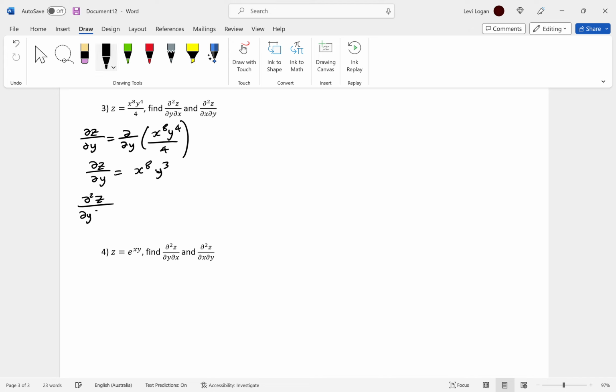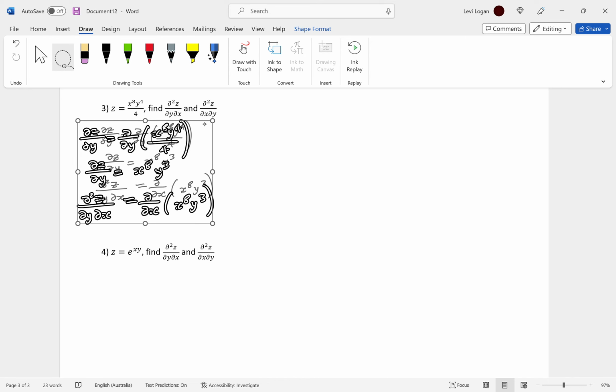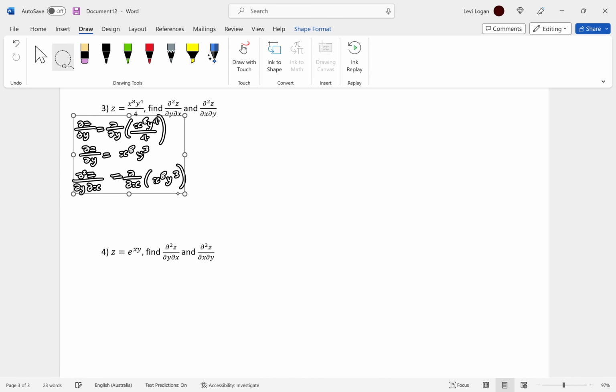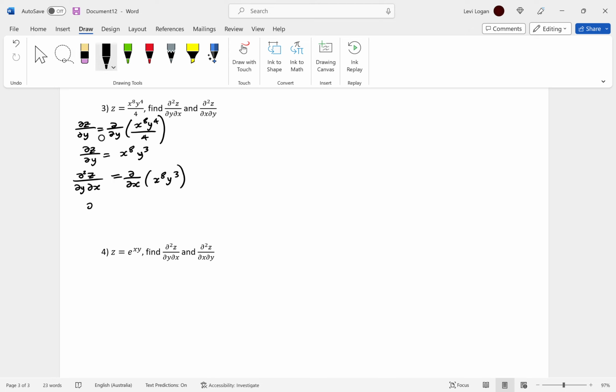Differentiating this whole thing now with respect to x, so you can have delta squared z over delta y delta x. Now you can differentiate this entire thing with respect to x. So now y is our constant because we're differentiating with respect to x. I'm just going to make this a bit smaller because it's a bit chunky. So we're going to have delta squared z over delta y delta x.